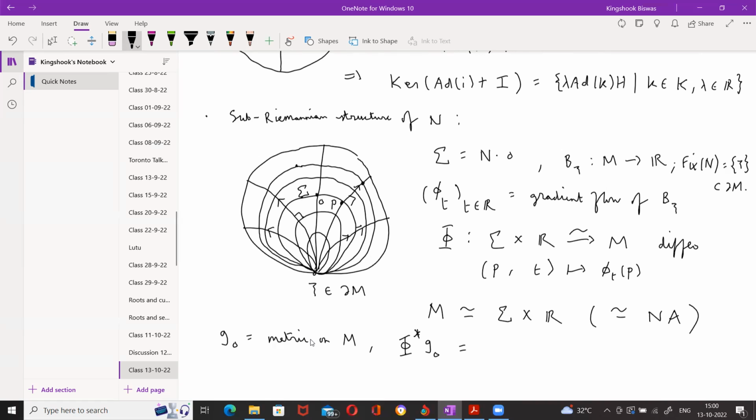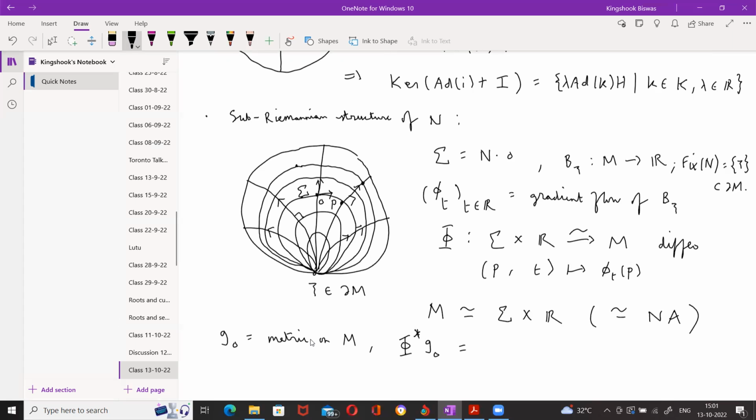This is the slices, sigma cross singleton t kind of things. Let me finish. What I'm saying is, if I look at the tangent space to sigma and the tangent space to the geodesics, the tangent space to sigma will be spanned by the n_i's, and the tangent space to this will be spanned by del t, the geodesic.